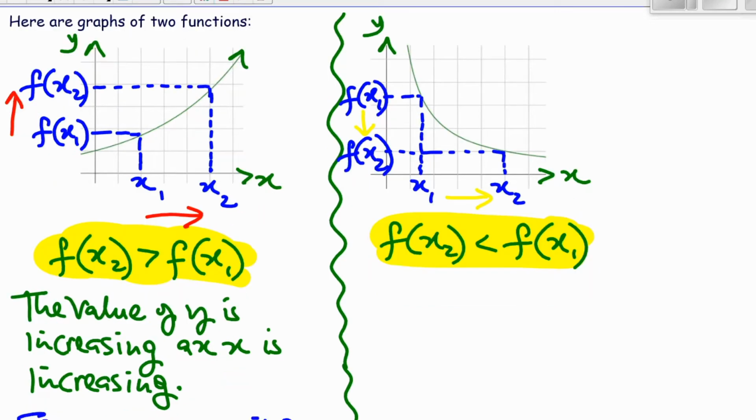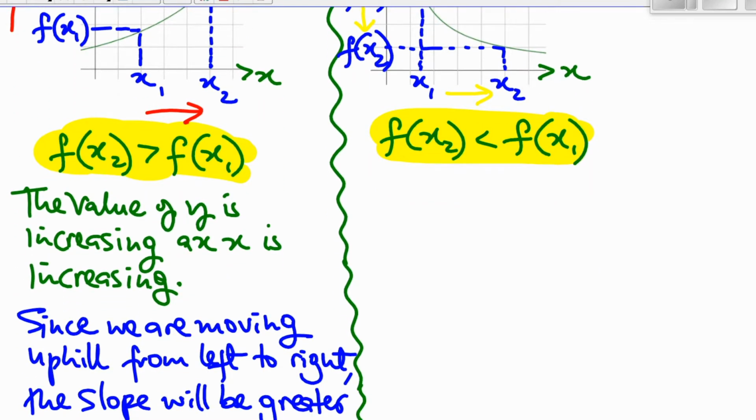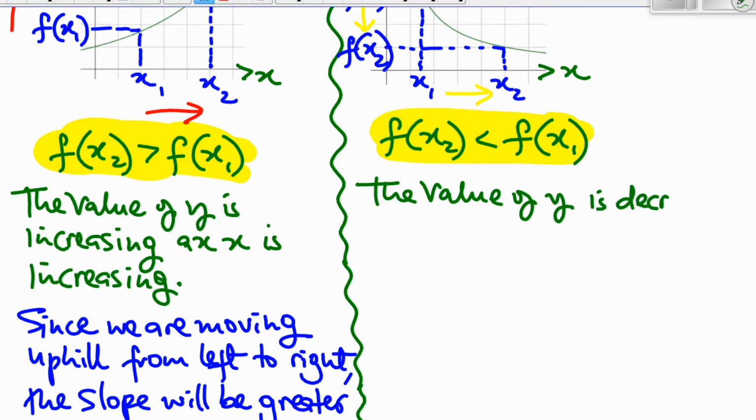This is because the value of y is decreasing as x is increasing.